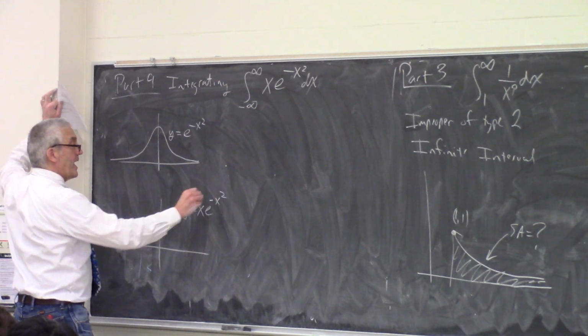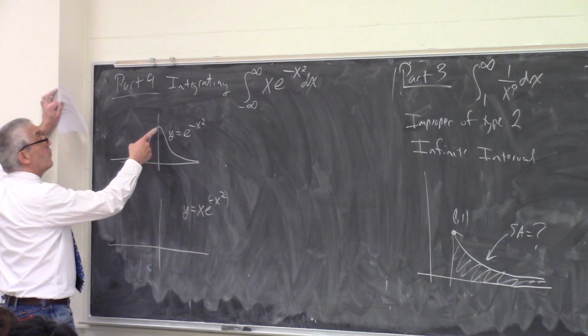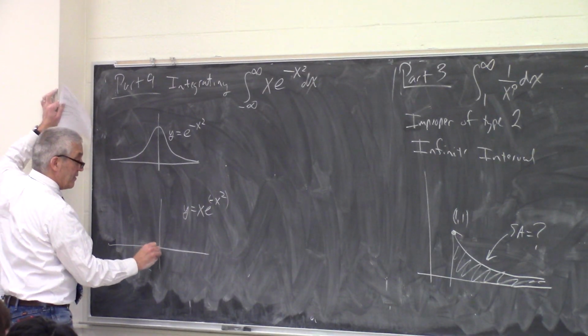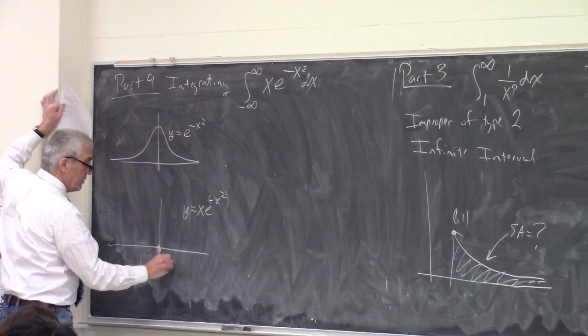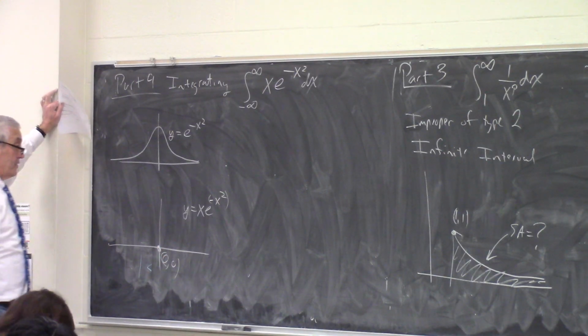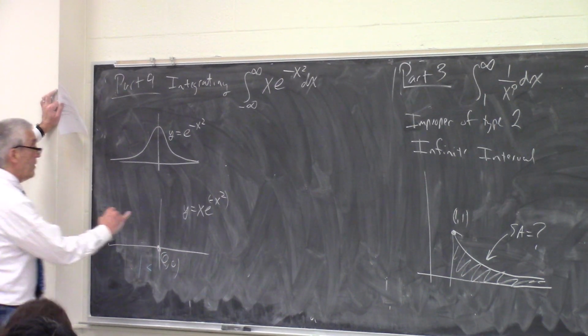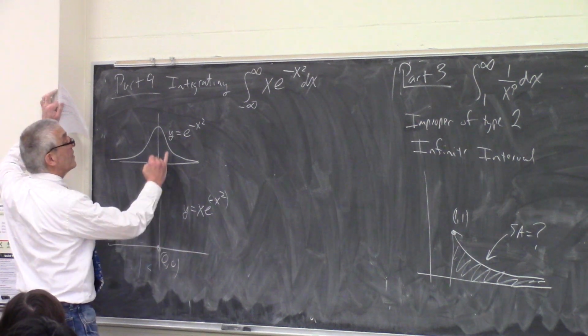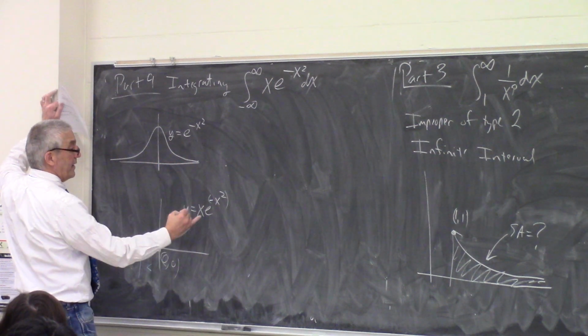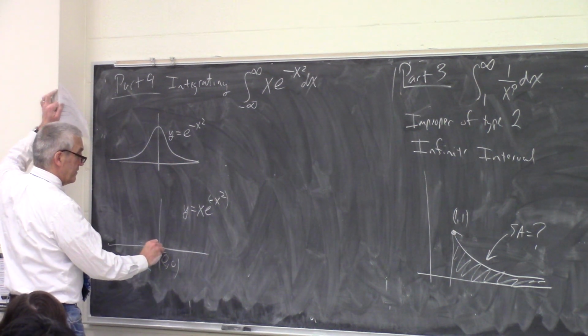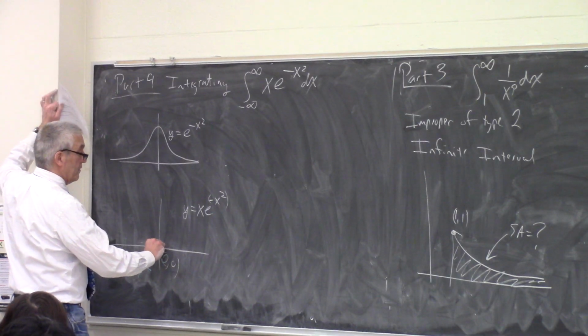Well, clearly when x is equal to 0, I'm going to take the y value in that graph and multiply it by 0, and I'm going to get 0. So this graph goes through 0, 0. And then to the right of 0, I'm going to be taking those y values and multiplying them by some positive number. So it turns out that this graph looks like this.